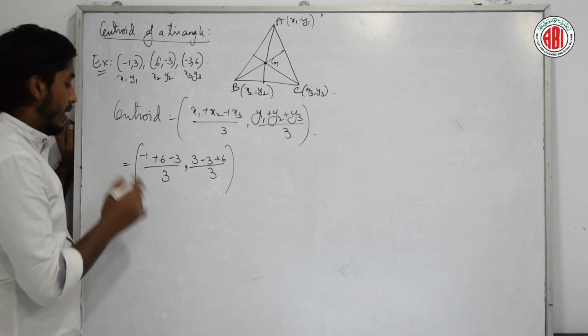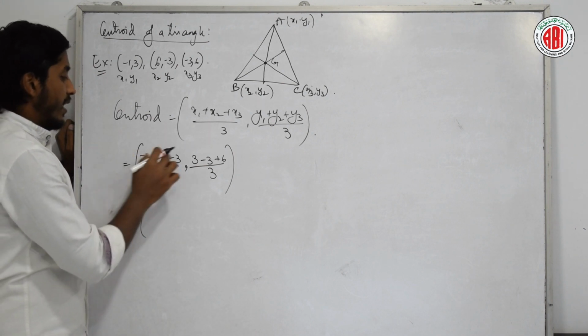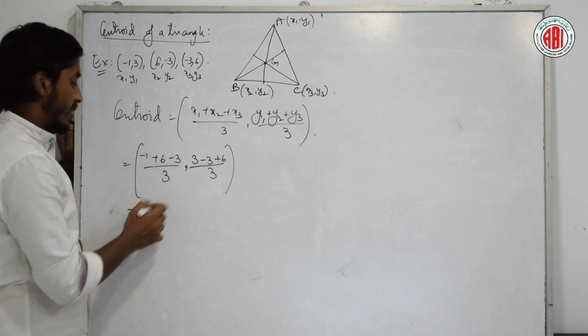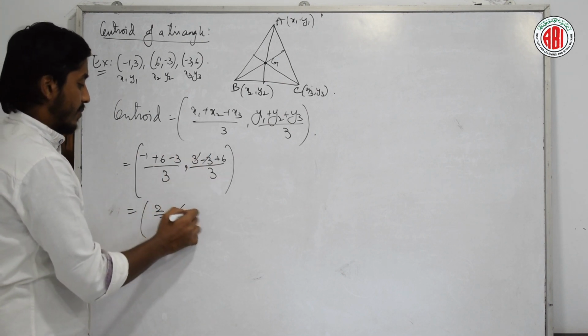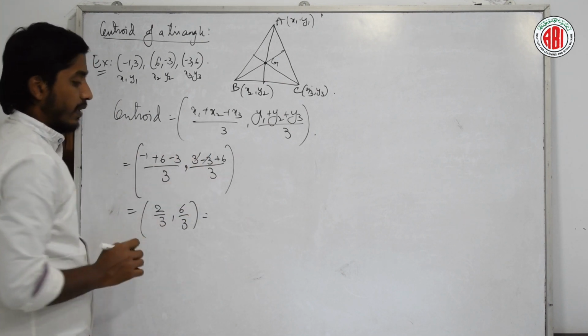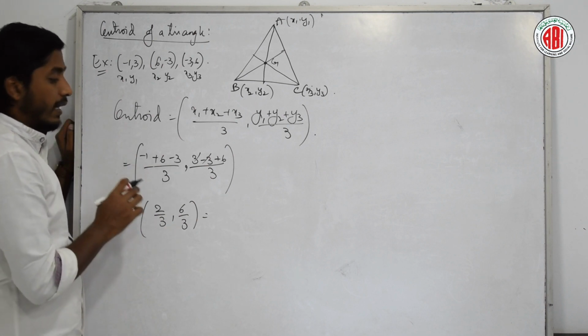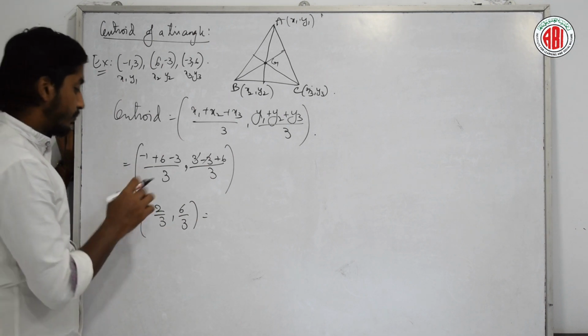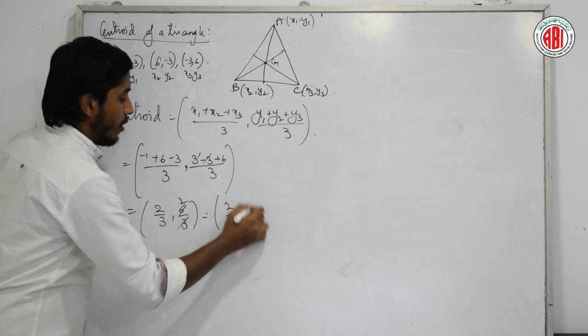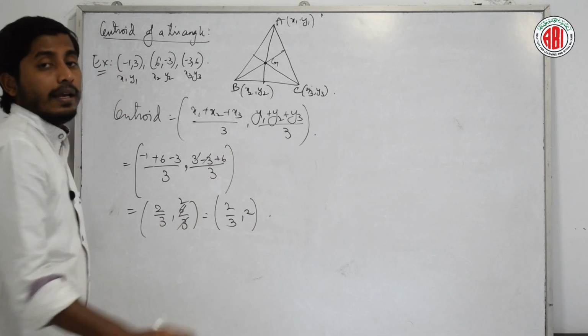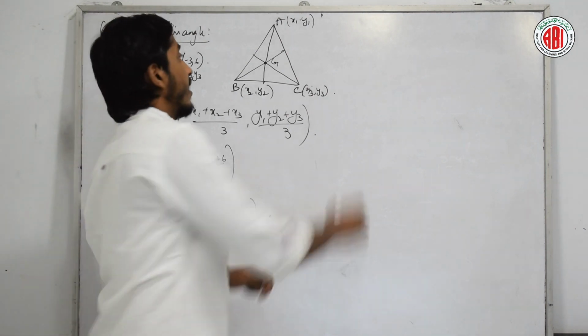Now tell me, minus 1 minus 3 is minus 4, 6 minus 4 is 2 by 3, here 3 cancels, 6 by 3. Did you understand? Therefore my centroid is 2 by 3 comma 2. Clear? What is centroid and everything?